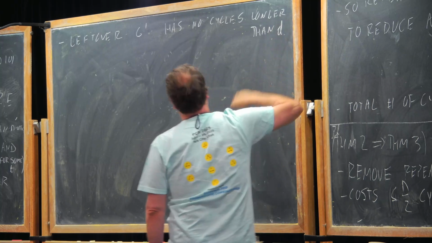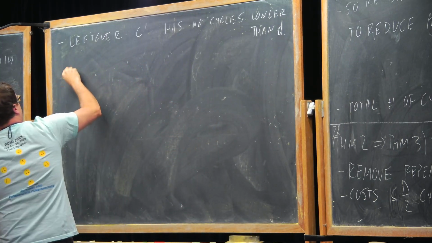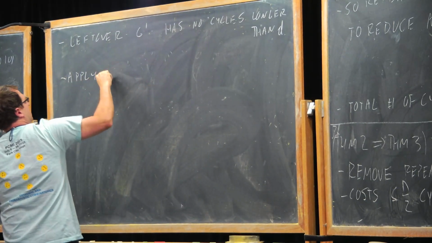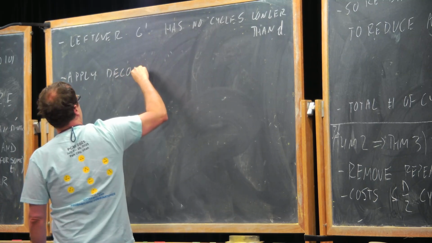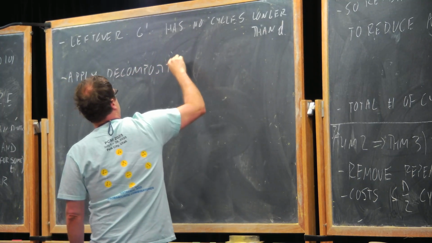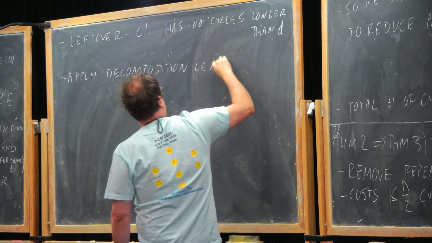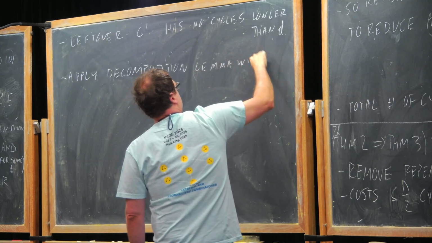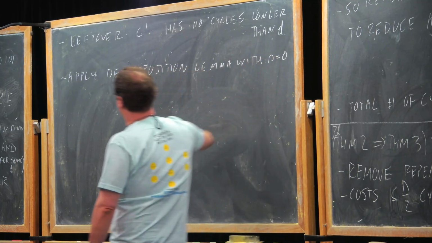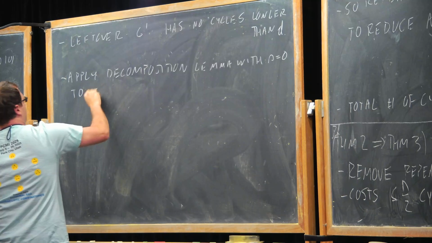We will use that in a moment. So now apply the decomposition lemma with s equals 0 to this G prime.